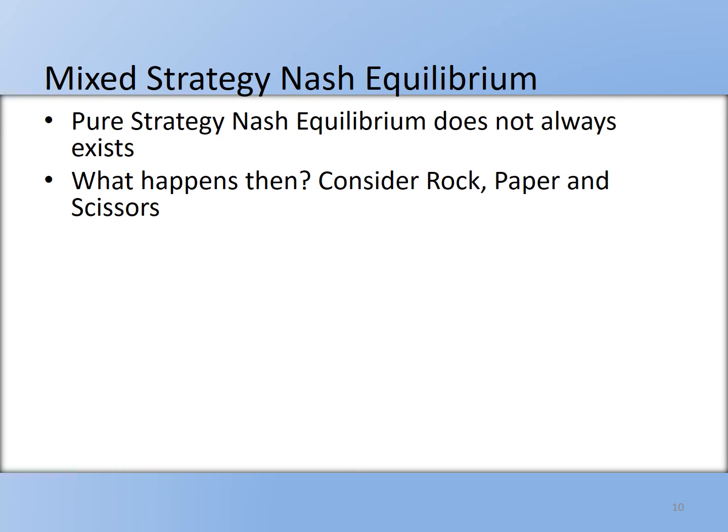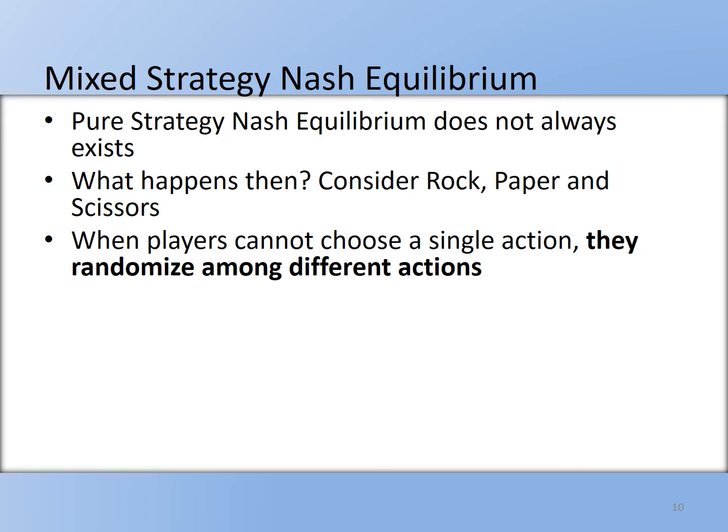What happens? Once again, it's best to think about what happens in rock, paper, and scissors. What do you do? In playing rock, paper, and scissors, you should be randomizing, right? You don't use a single action, you randomize between rock, paper, and scissors. Now, if you think about it, in some sense, that could be another form of stability.